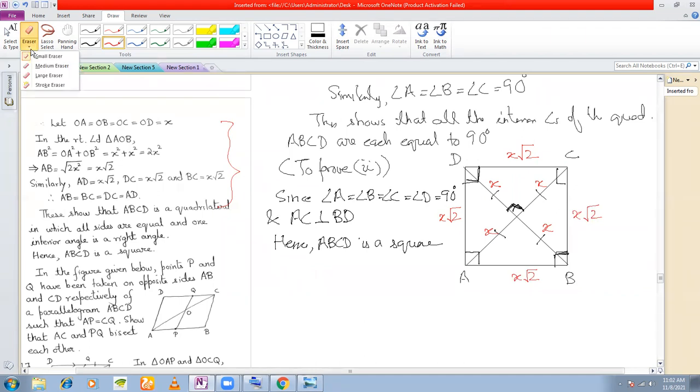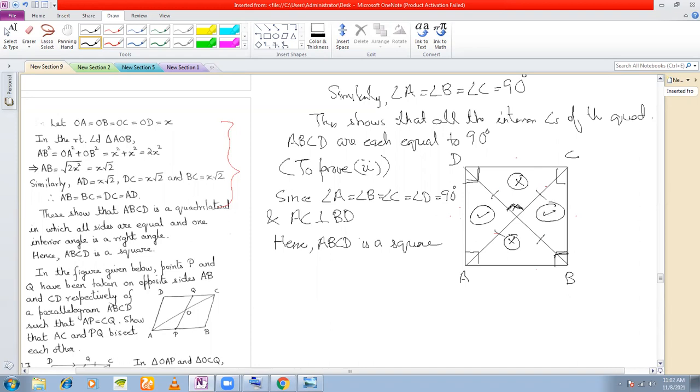Another method is by congruency. How do you show by congruency? You prove that this triangle and this triangle are congruent, right? By SAS, you can show this by the SAS axiom. This triangle and this triangle are congruent also by SAS.